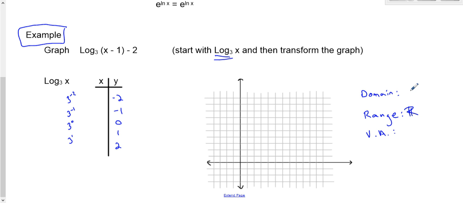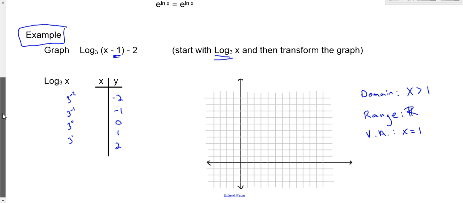Our domain is x is greater than the h value. And the h value is actually +1 because the formula says x minus h. What value are we subtracting? Positive 1. So you have to think about the opposite. So x is greater than 1, and therefore my vertical asymptote is x equals 1.